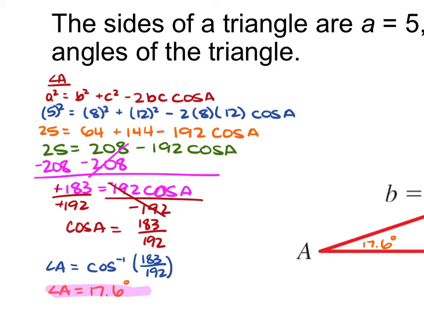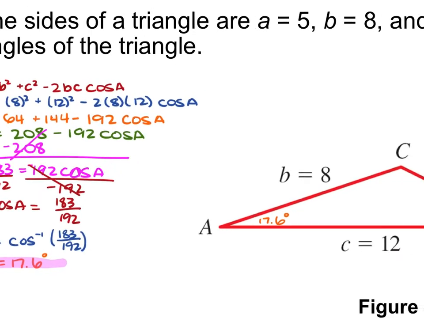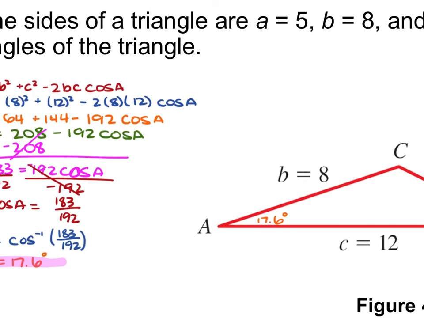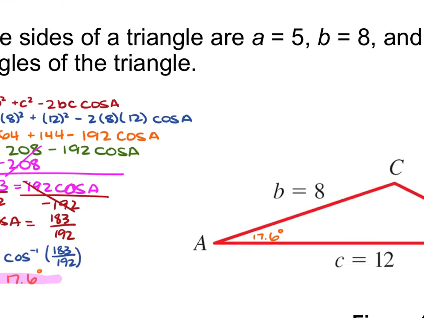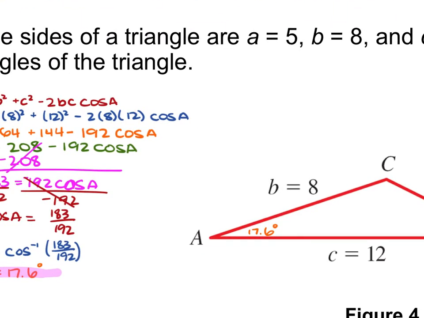Next, we can use the same method, except use b squared is equal to a squared plus c squared minus 2 times a times c cosine B to find angle B. So to find angle B, we said b squared is equal to a squared plus c squared minus 2 times a times c cosine B. Plug in your values.